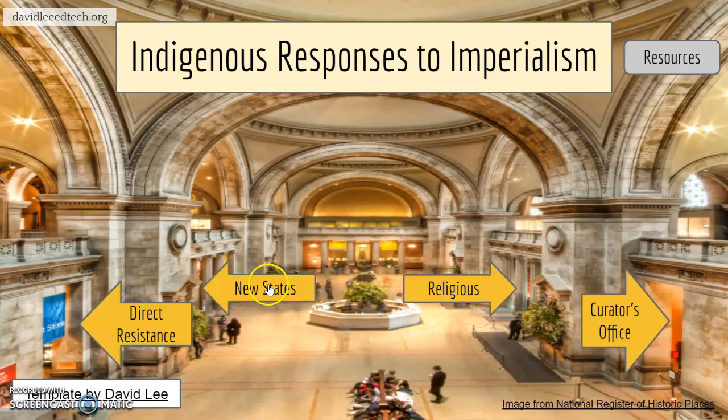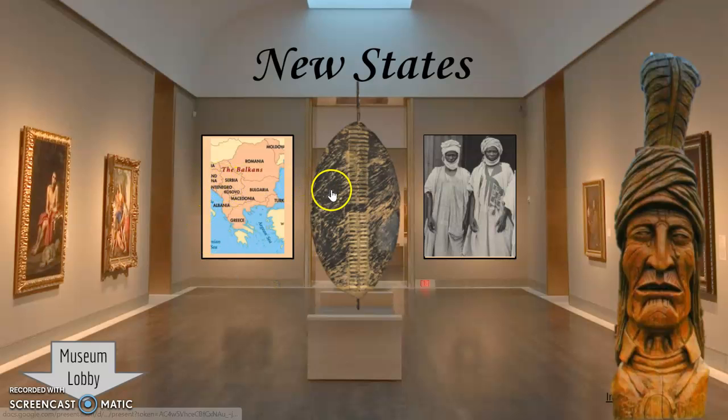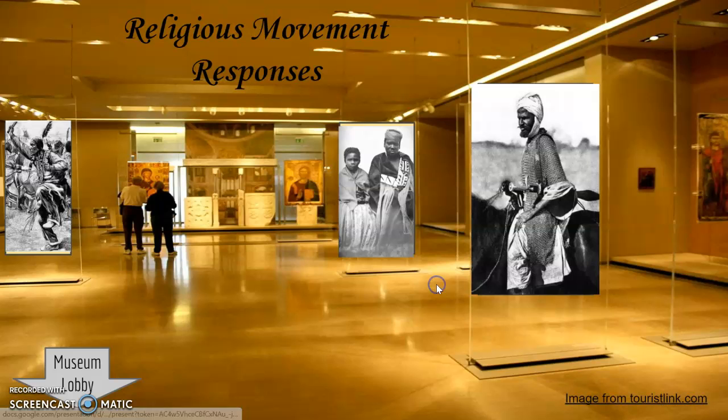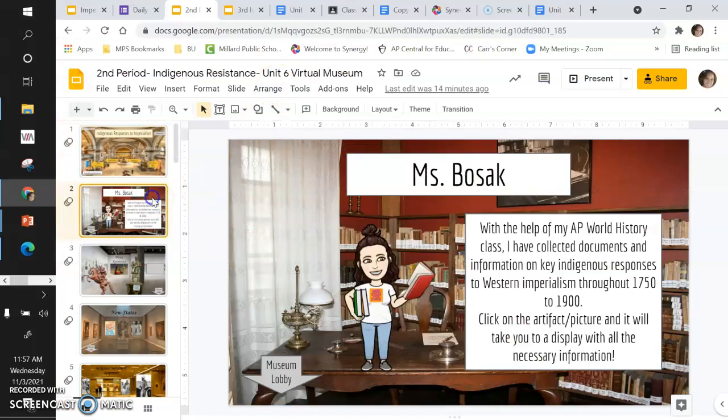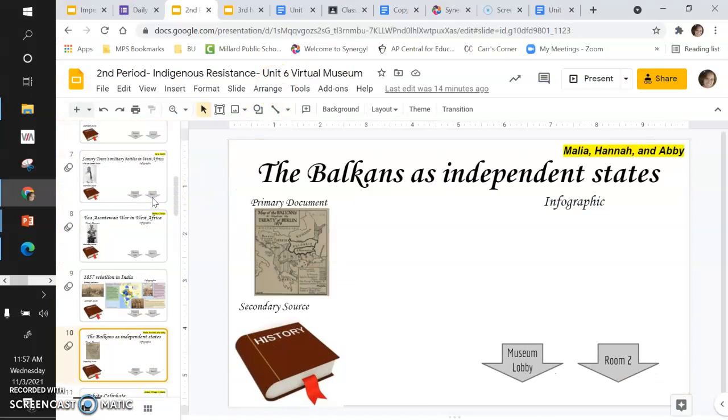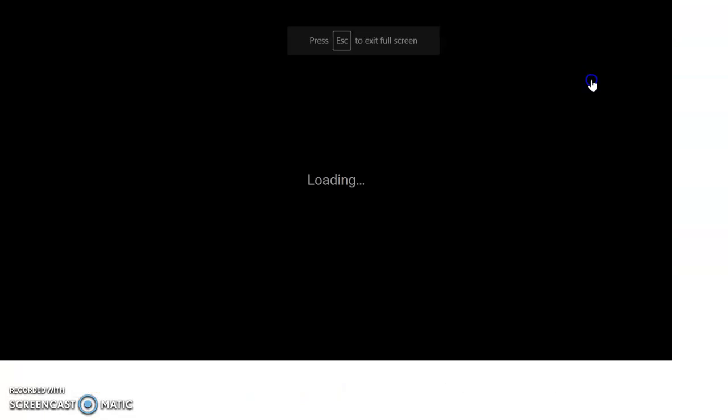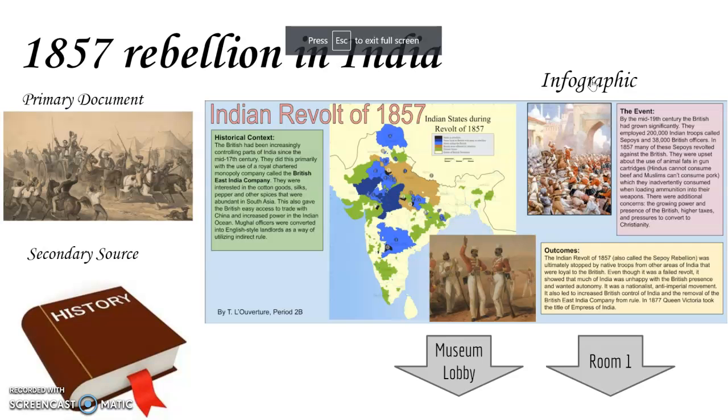Now, if you go to different rooms, there's different things. Here we have 1, 2, 3, 4. And then religious, we have 1, 2, and 3. Let me exit out of this. You guys have to make the infographics. I have an example for the 1857 rebellion. Here is the infographic. It's not mine.